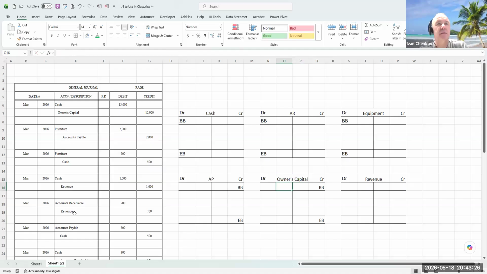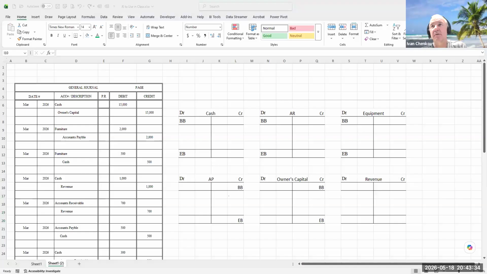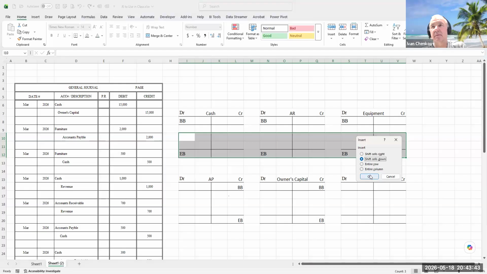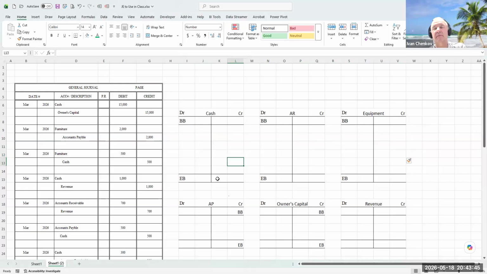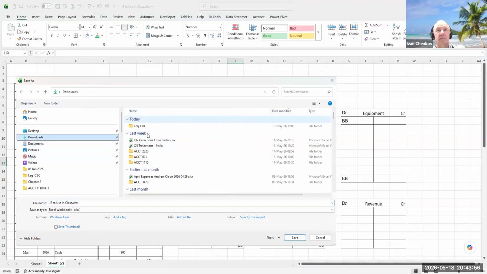Let me see if there's anything else: revenue, accounts receivable, accounts payable, cash. Since we're dealing with so many cash entries, I need a little bit more cells here. Let's push it down, insert down, and I have everything that I need. Okay, now since I have this on my computer, I'm going to save it on my computer and post it for you so you can have it, okay?